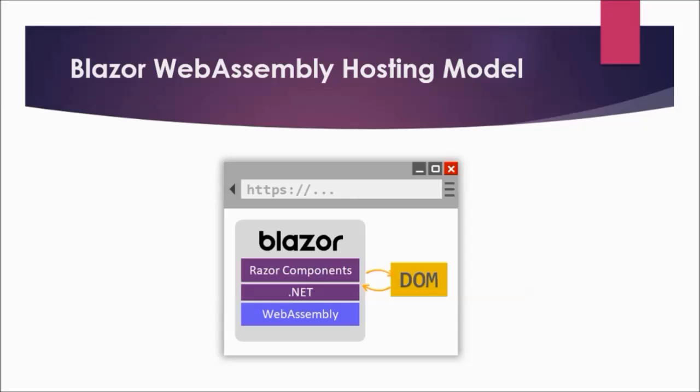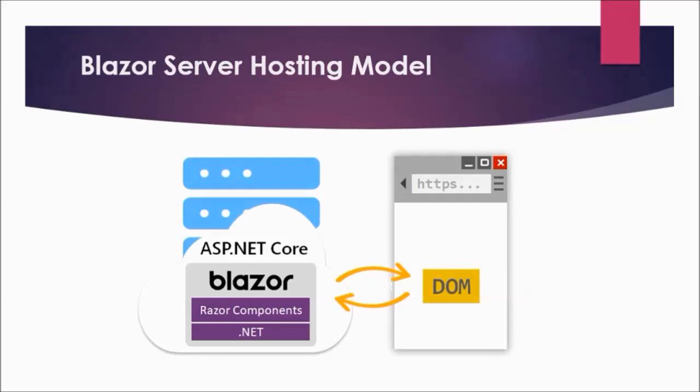When the application loads, the .NET runtime is started and pointed at the application assembly. The application startup logic runs and the root components are rendered. Blazor calculates the UI updates based on the rendered output from the components. The DOM updates are then applied.